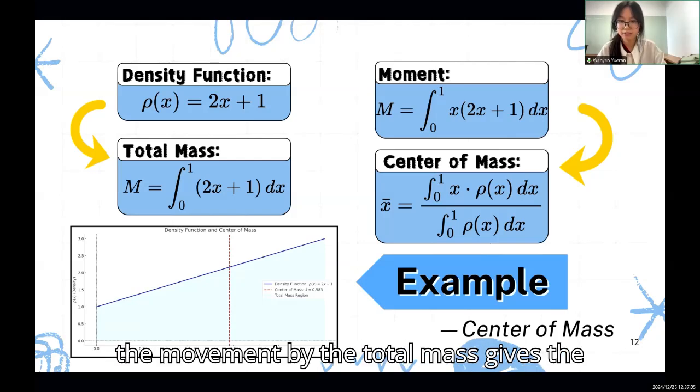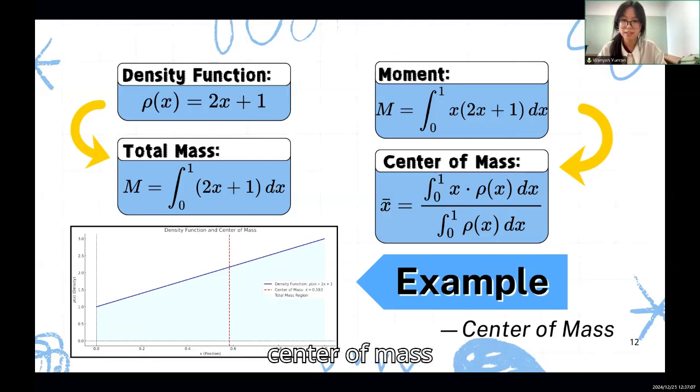Dividing the moment by the total mass gives the center of mass, approximately x bar equals 0.583. Imagine balancing a broomstick. If your finger is at the exact center of mass, the broomstick remains steady.